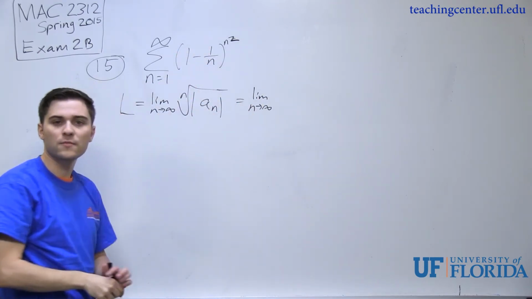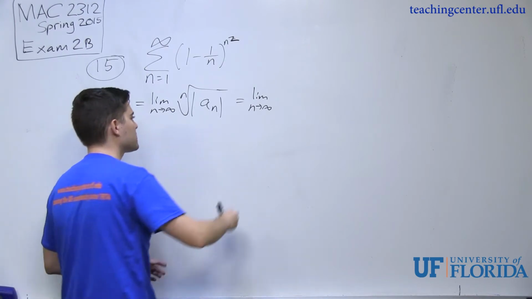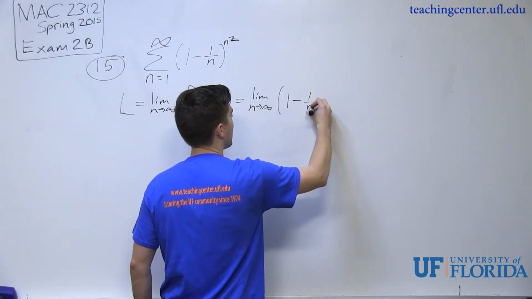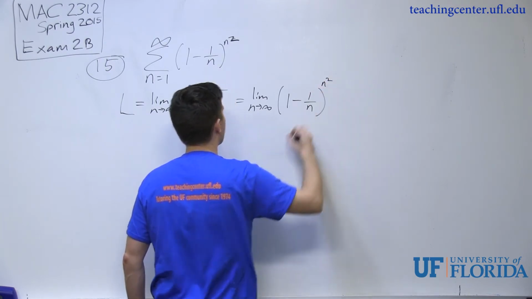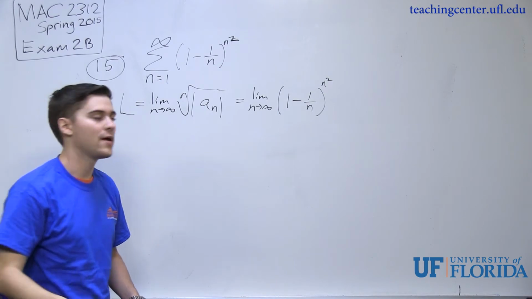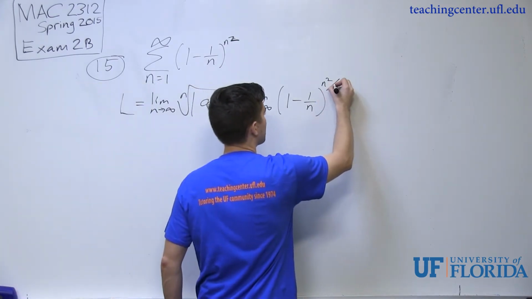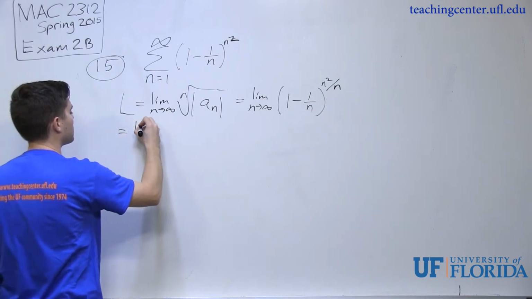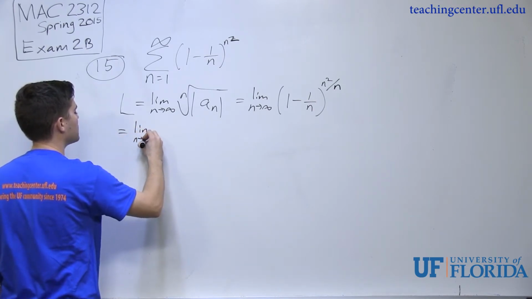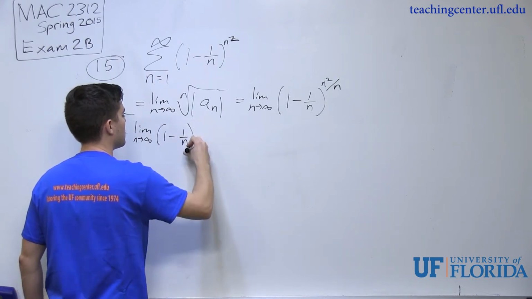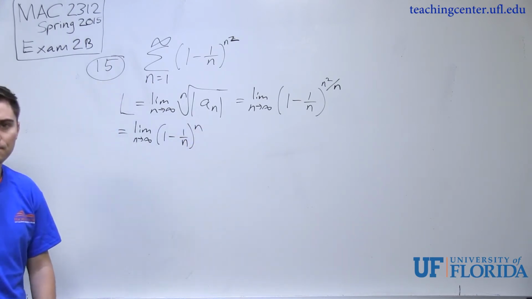There's no negative term, there's no alternating term that we have to get rid of in this case. So I end up getting (1 minus 1 over n) to the n squared, and by taking an nth root, what that really means is I'm taking the whole thing to a 1 over n power, so I'm going to divide this exponent by n. What that leaves me with is the limit as n approaches infinity of (1 minus 1 over n) to the n power.